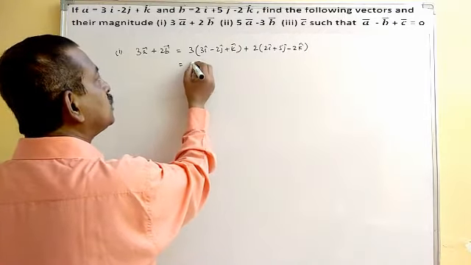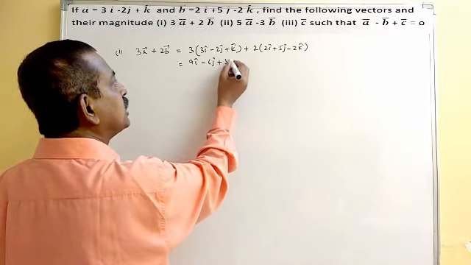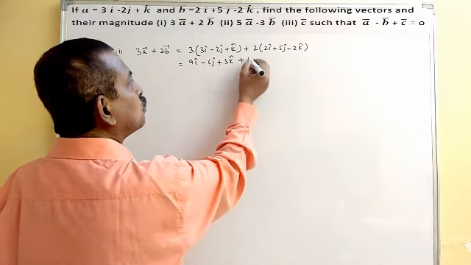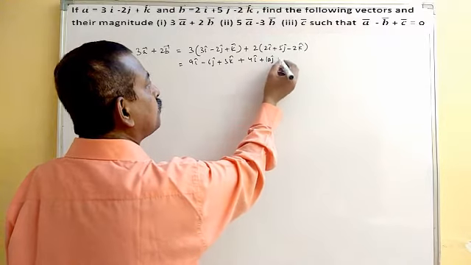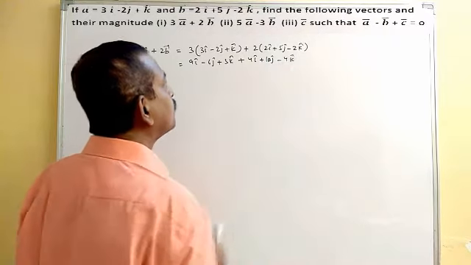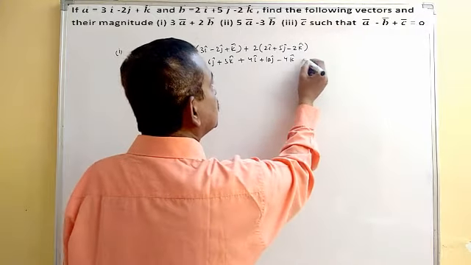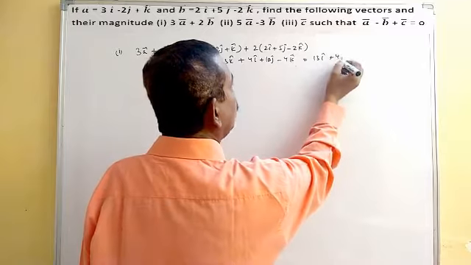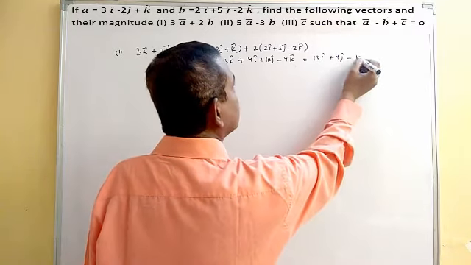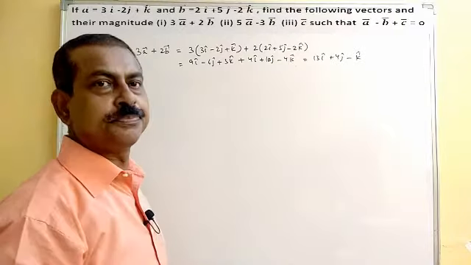And that can be written as your 9i minus 6j plus 3k plus 4i plus 10j minus 4k. And now we can take it as 13i plus 4j minus k. This is your vector 3A plus 2B.